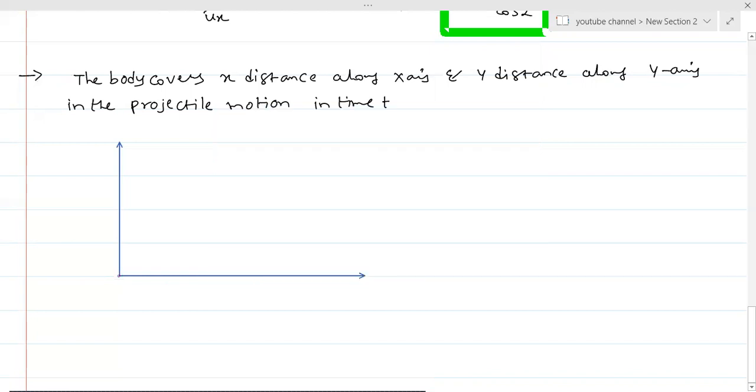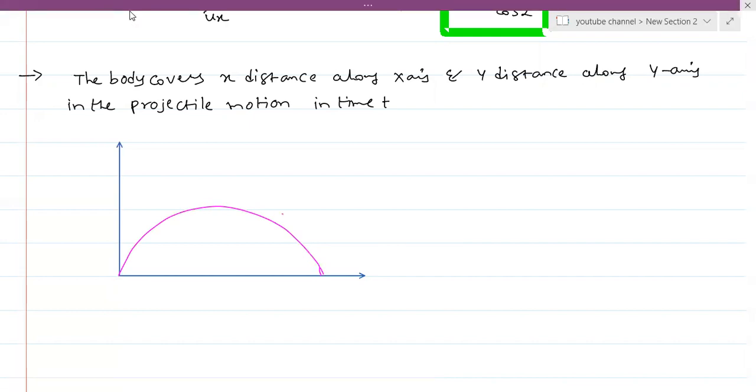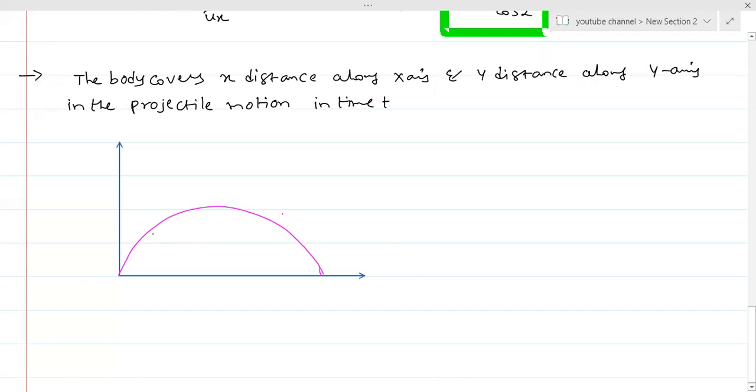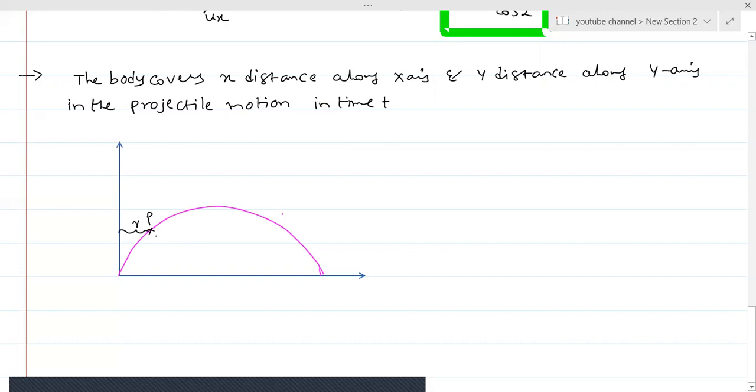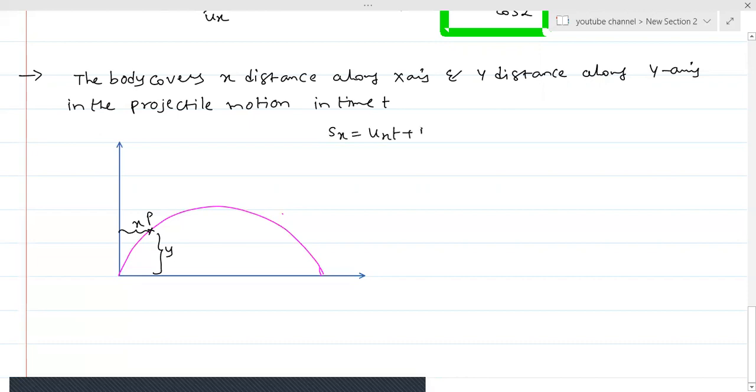For example, when the body is projected like this, suppose the body is at a position P, and this will be the x and this will be the y. So we know the respective values. Therefore, I am writing Sx equivalent to ux into t plus half ax into t square.